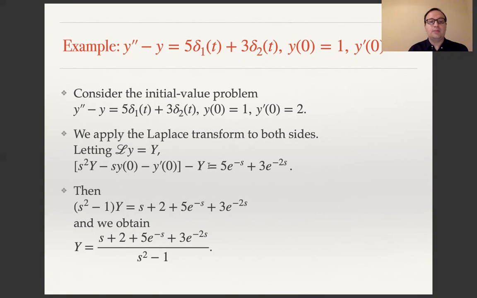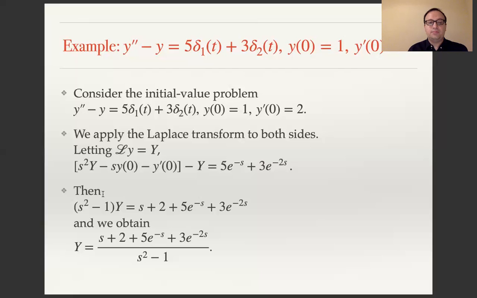And then minus capital Y, which is the Laplace transform of lowercase y, is equal to 5 times the Laplace transform of delta 1, which is e to the minus s, plus 3 times the Laplace transform of delta 2, which is e to the minus 2s. So in general, the Laplace transform of the Dirac delta at a is e to the minus as if a is greater than or equal to 0.